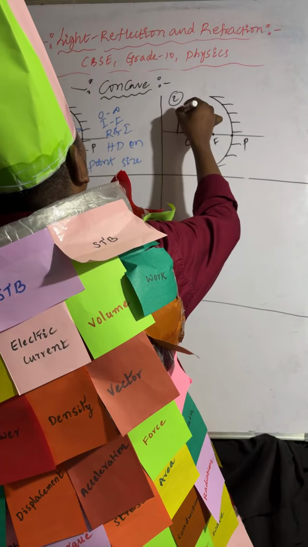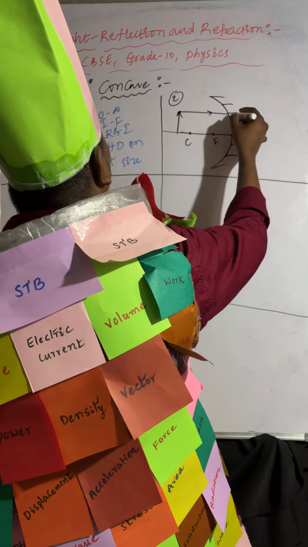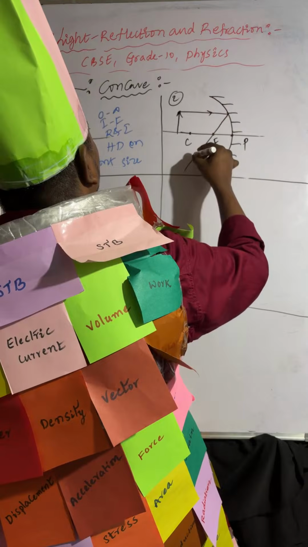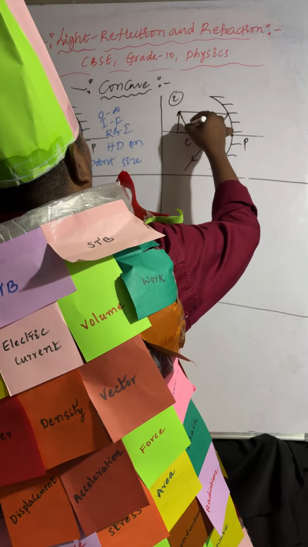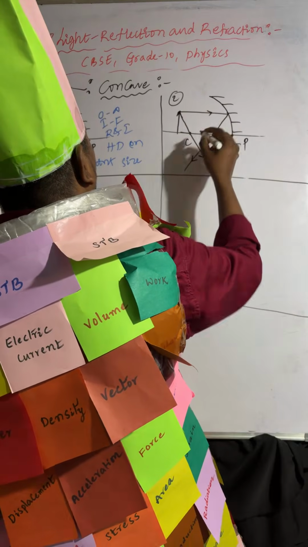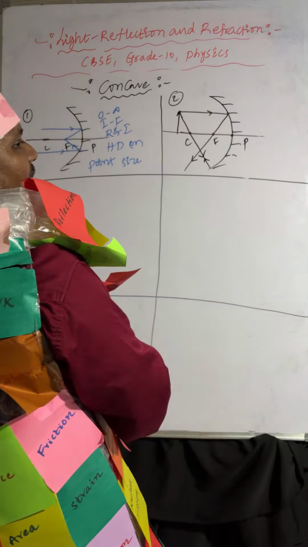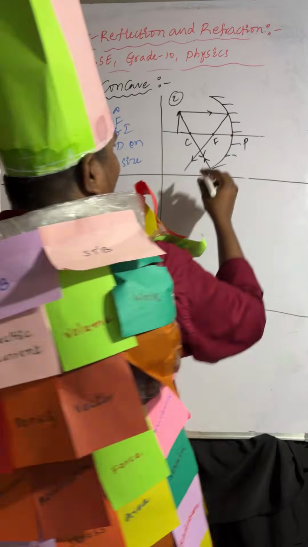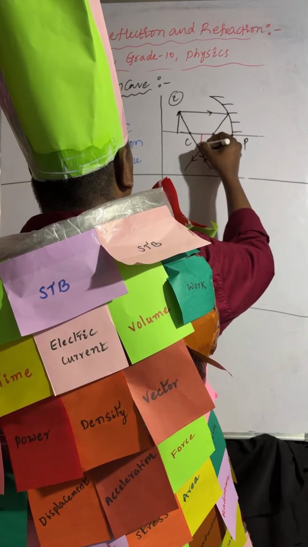Object is placed behind the center of curvature. One light ray is passing through focus, another light ray is passing through center of curvature. So the image is formed between C and F.